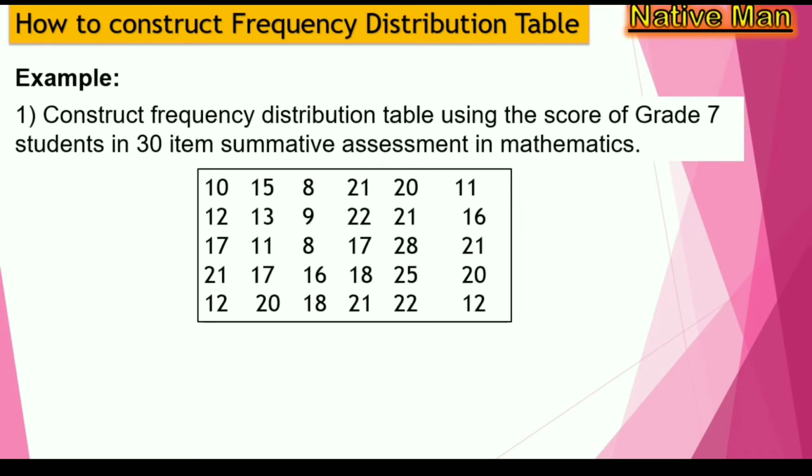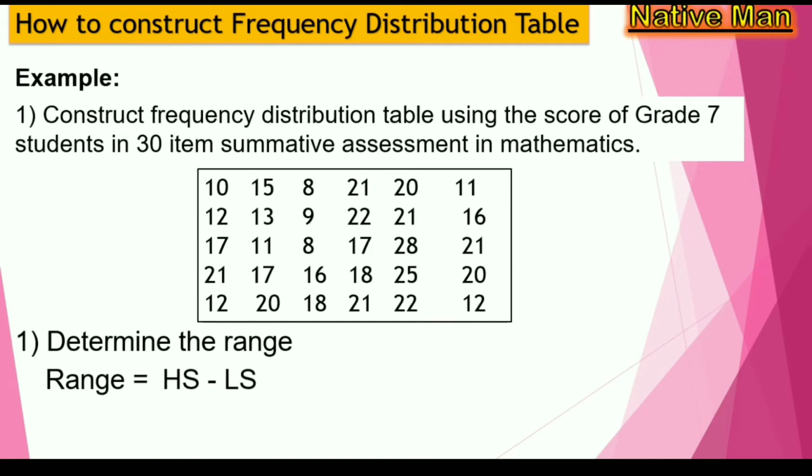The first step is to determine the range. Range equals highest score minus lowest score. As you can see, 28 is the highest score minus the lowest score, which is 8, equal to 20. So 20 is our range.